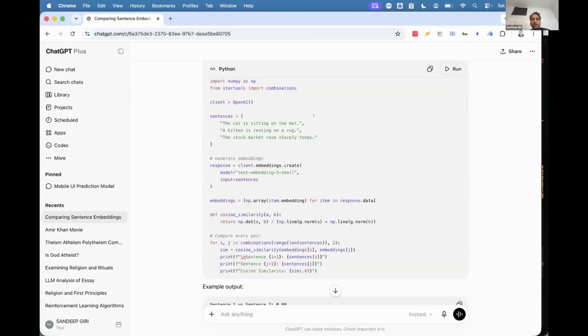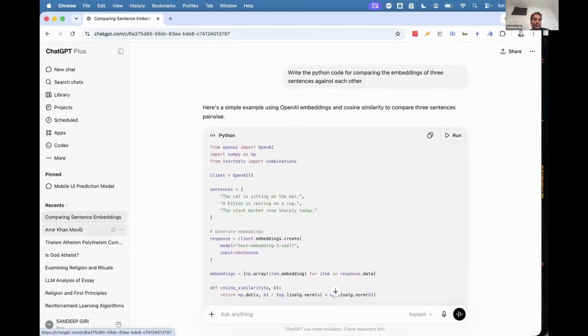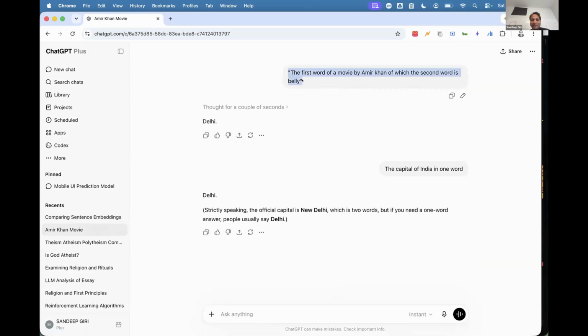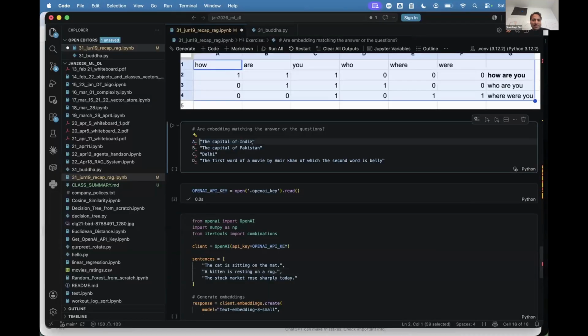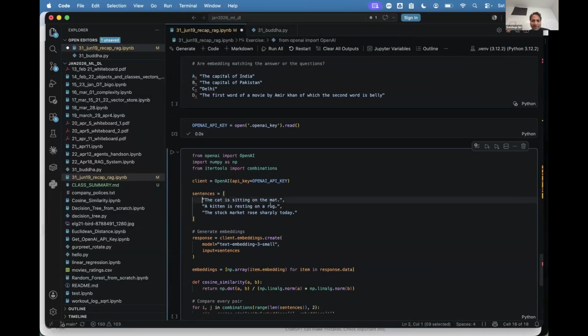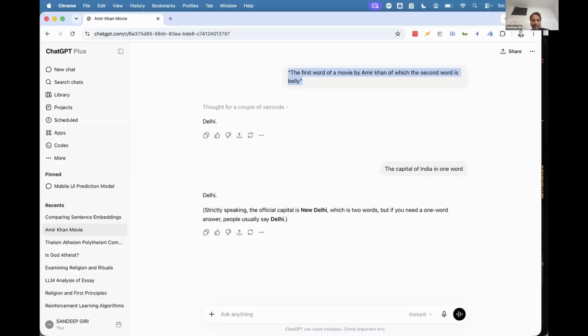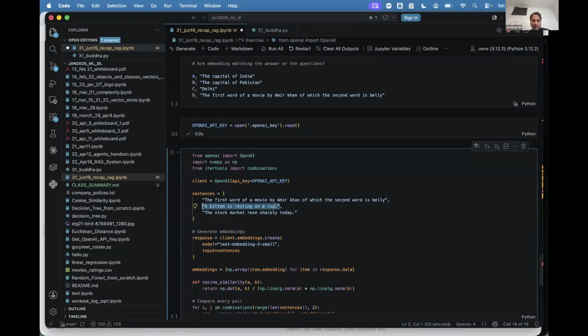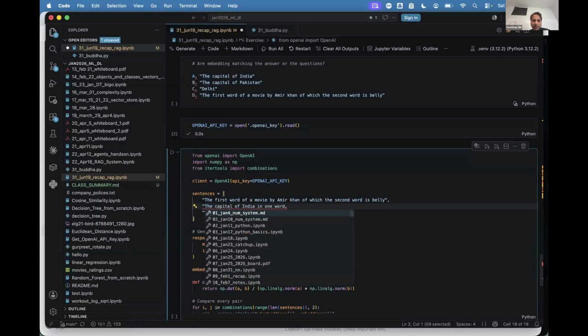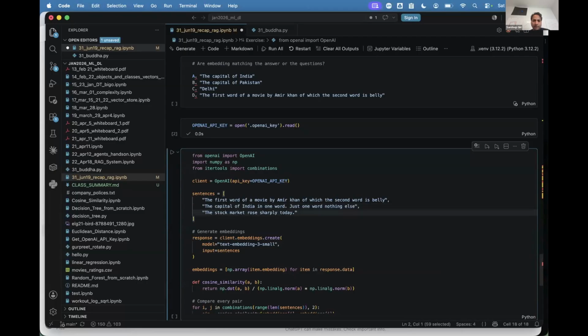And now I will say these three sentences that I have done. First one is this. So this is one sentence: the capital of India, just one word, nothing else. And I'm saying, right? The first word of a movie by Aamir Khan, right?